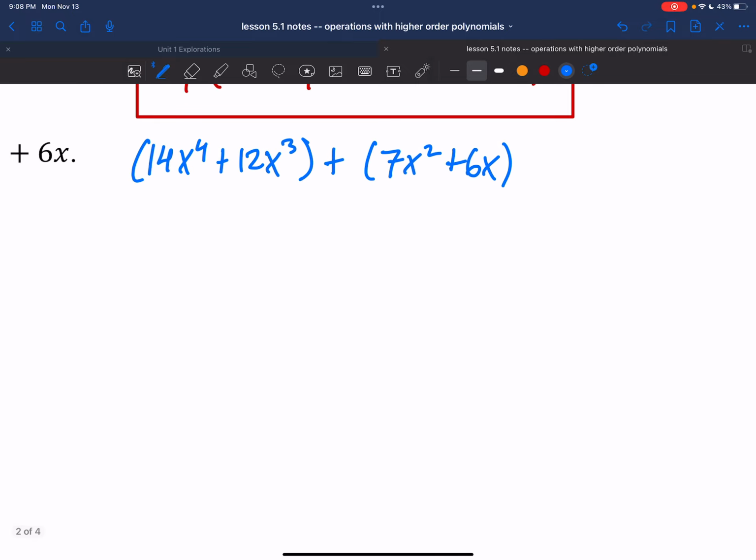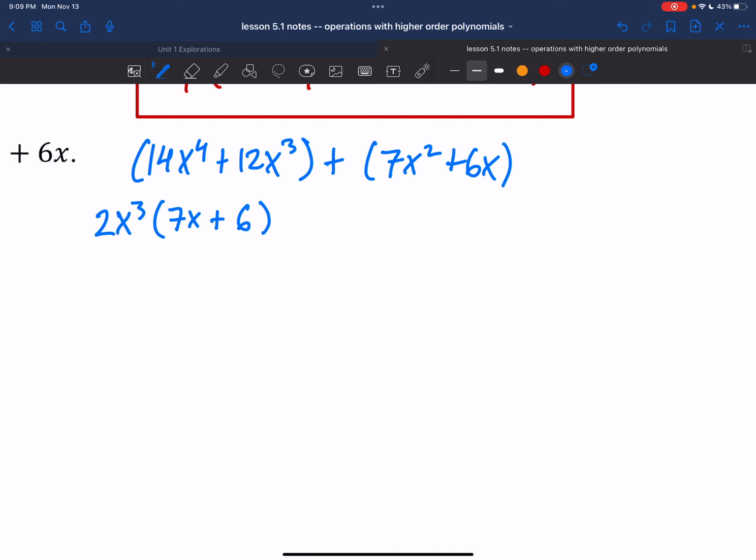From the first pair, I notice 14 and 12, the greatest common factor there looks like 2, but in particular, 2x cubed. That's because x cubed goes into x to the fourth and x cubed. And what's left behind would be 7x plus 6, if I'm just factoring out 2x cubed.